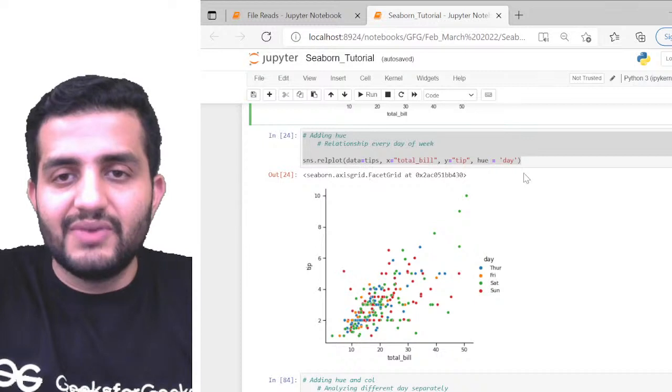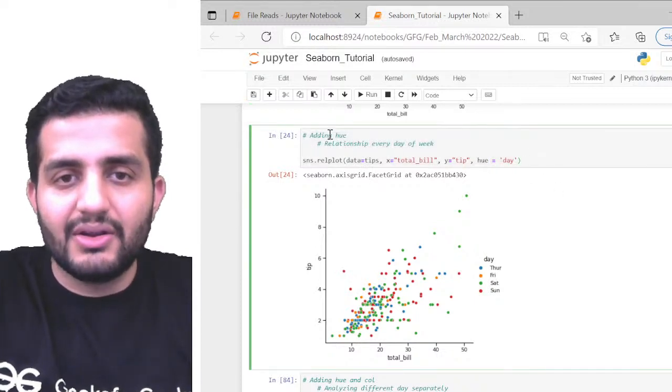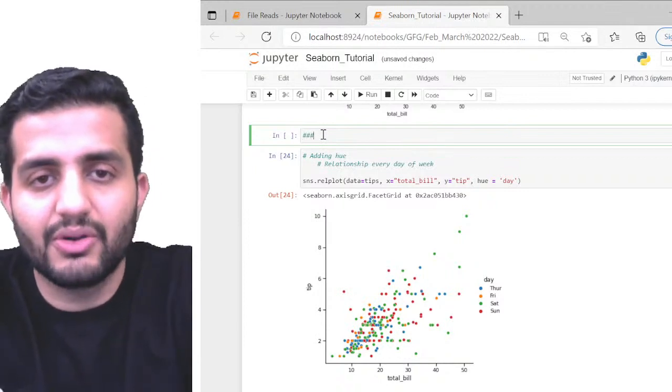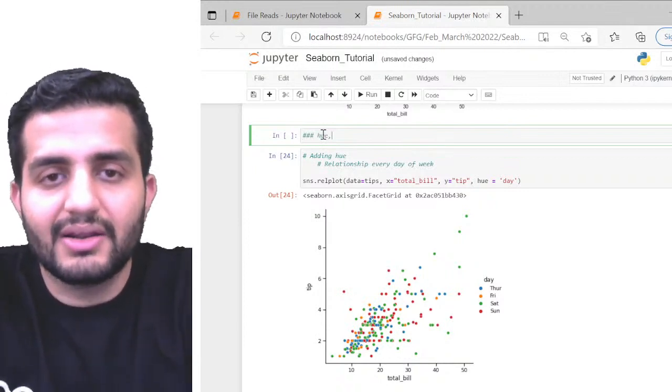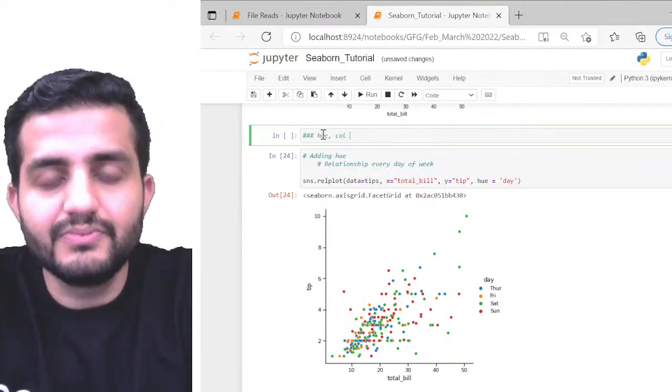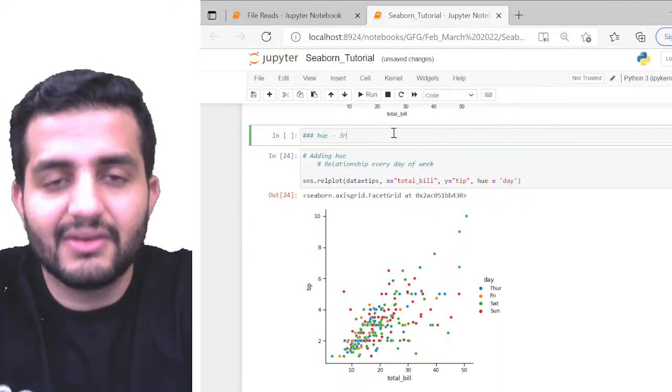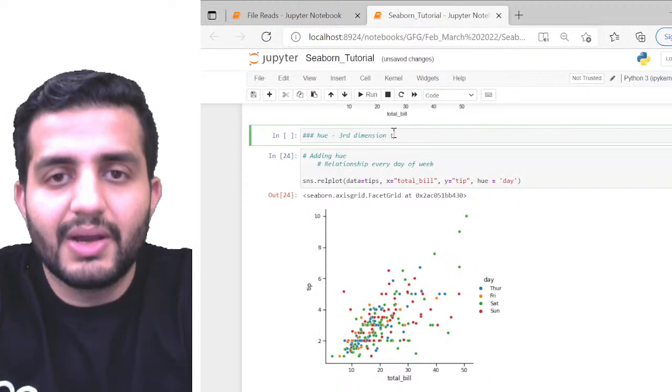So on top of this, we added one very interesting argument here, hue. Yesterday we talked about two different arguments. One is hue and the other is col. Okay. So what are hue and col doing? Hue is basically adding a third dimension to my analysis.